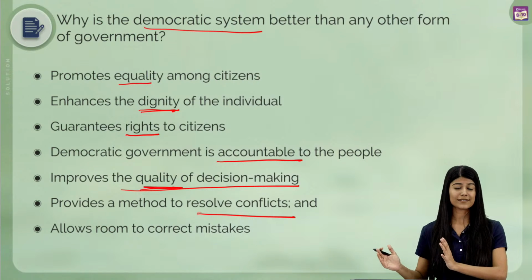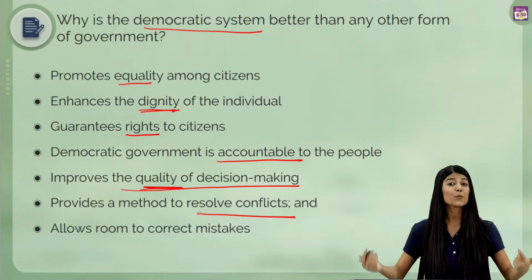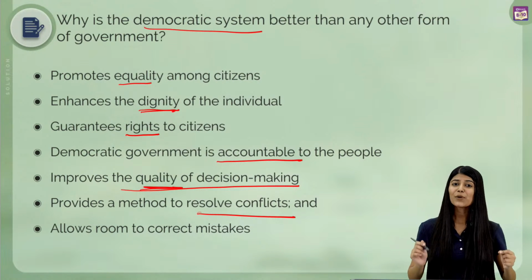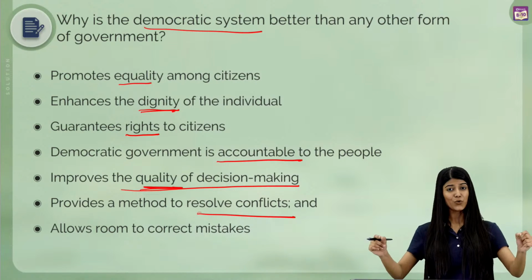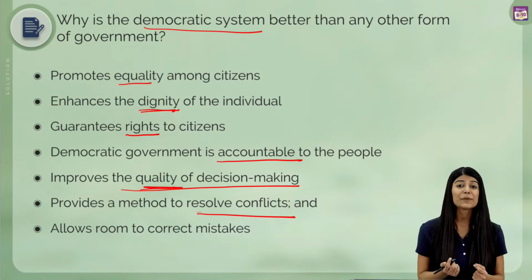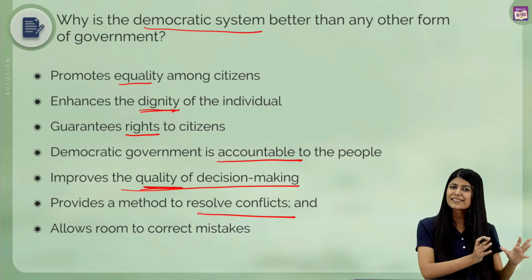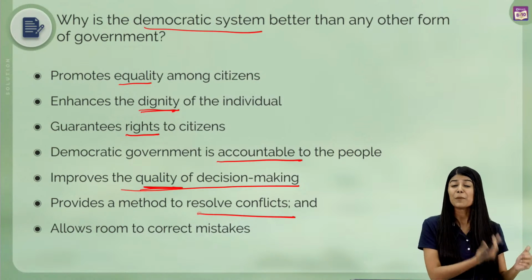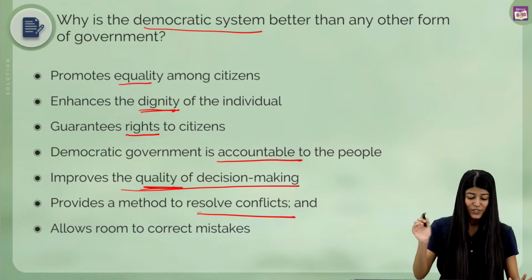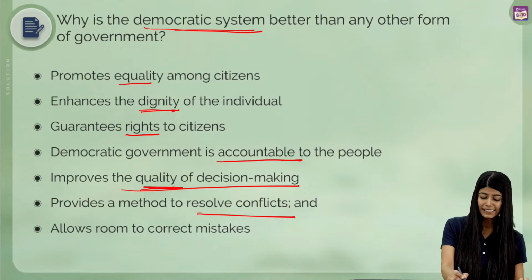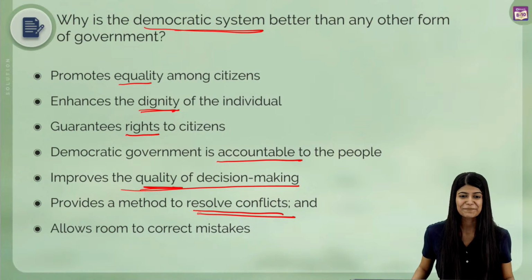They are the environmentalists, so they have this stand. So we have two groups with different opinions. But the democratic system provides a chance for both groups to put forth their views and opinions. Later on, there can be a mechanism of setting up a commission or approaching a court to resolve this dispute. So this is how the democratic system provides a method to resolve conflicts.